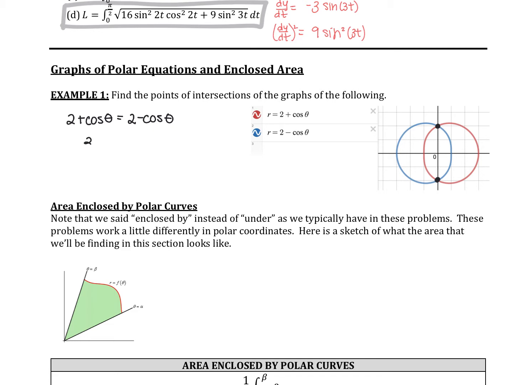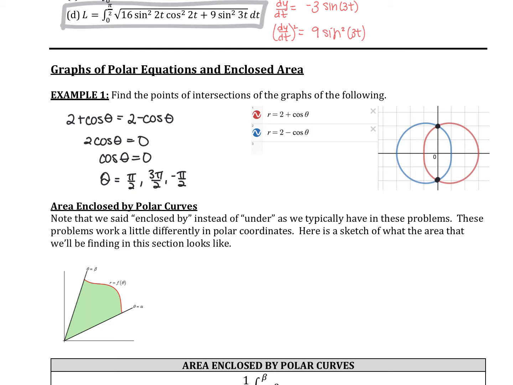Rearranging this, I get 2 cosine of theta equals 0, which means the cosine of theta equals 0, which means theta could be pi over 2, theta could be 3 pi over 2, theta could be negative pi over 2, and it all depends on the direction that we're going. And we could keep going.